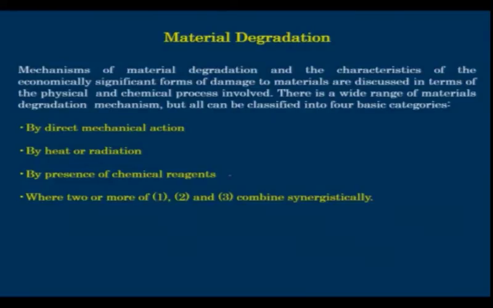So, our interest would be mainly in this particular section. Now, if we see all three: by direct mechanical action, by heat or radiation, by presence of chemical reagents, there could be a combination of two or more, or all three could be present.